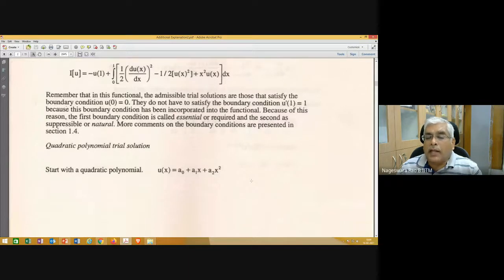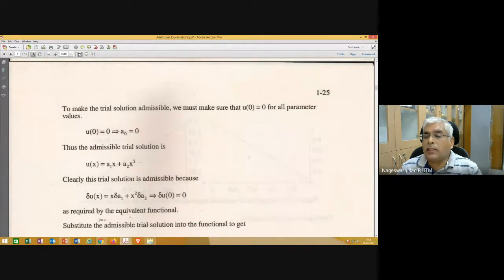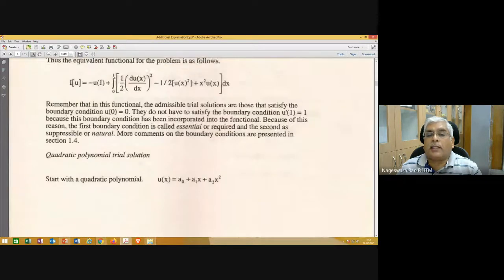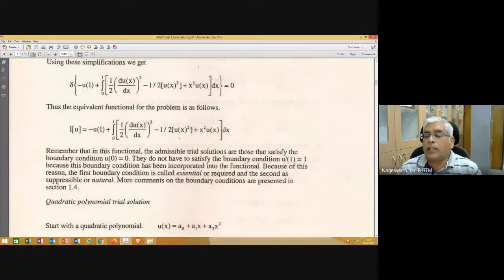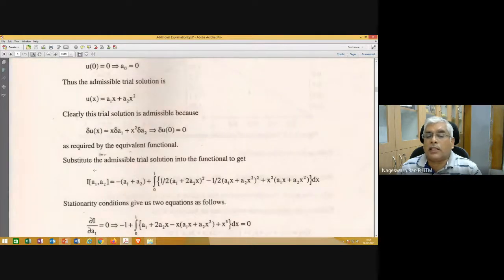Make it admissible by applying the essential boundary condition, and once you get the admissible trial solution, plug it into the equivalent functional. It becomes a function of unknown coefficients, as illustrated here.